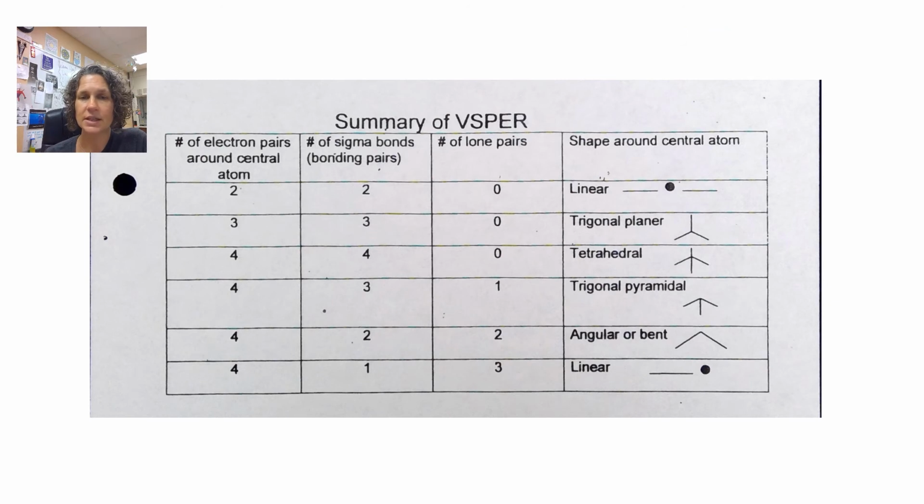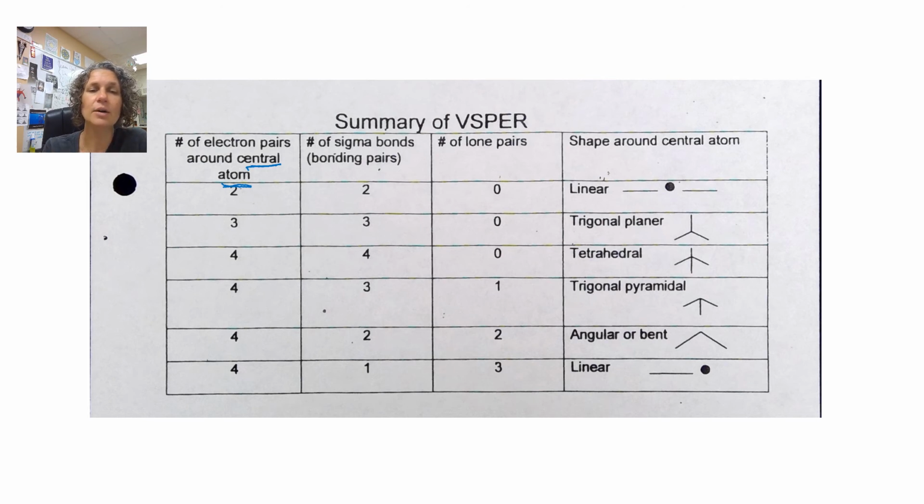Now, this is what is titled, obviously, the summary of VSEPR, and this is how we will determine the shape so that we can actually give them names. This first column is just the total number of electrons around the central atom. This central atom is generally going to be the element that you have one of, or it will be the one that has the most electrons to start with.